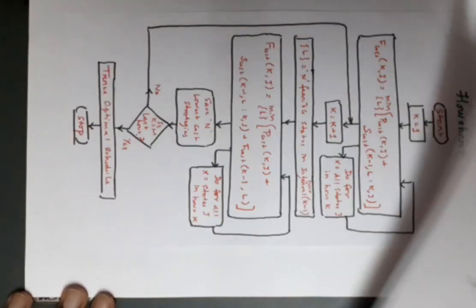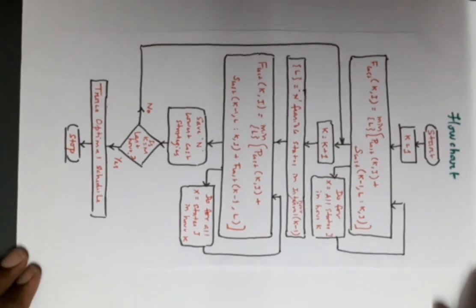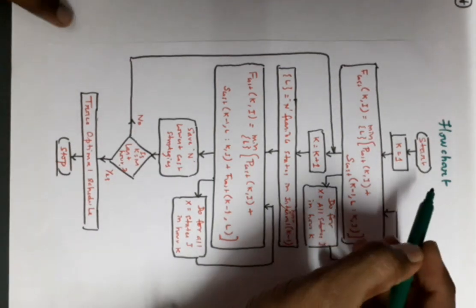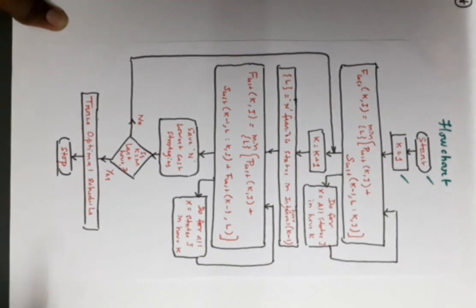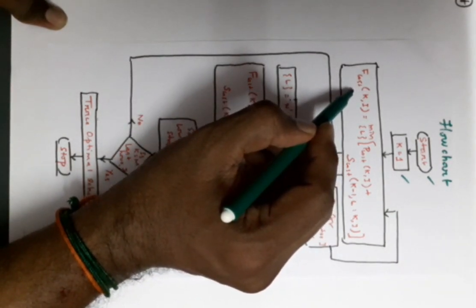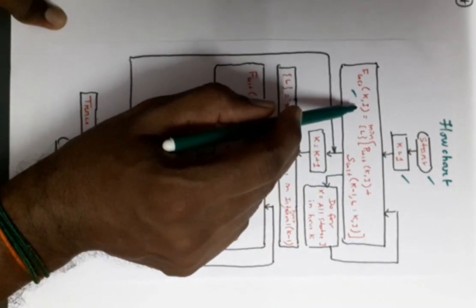So if you put this recursive algorithm in a flowchart, you will get a flowchart like this. We can see in this flowchart, you start, and then for k equal to 1, that is for the first hour, you find the f cost, which is nothing but the fuel cost for the first hour for all the feasible states.